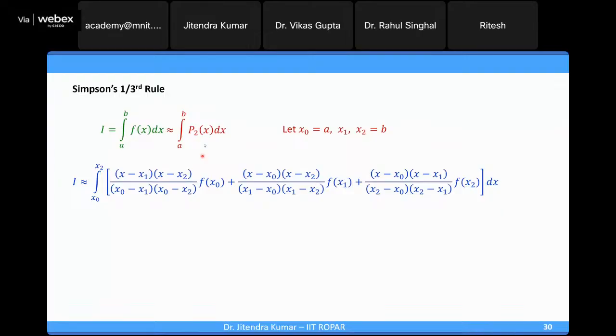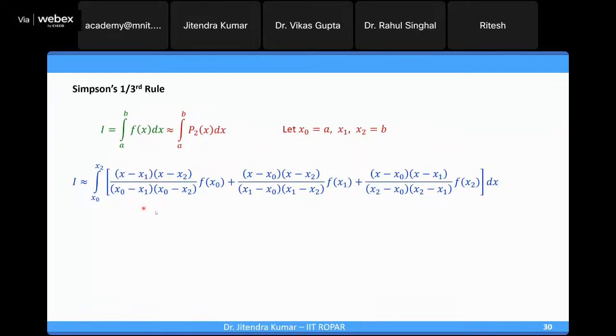So P2 is replaced here, which is the interpolating polynomial we have discussed, and then you can easily integrate it. Those steps I can leave, because it is nothing difficult.